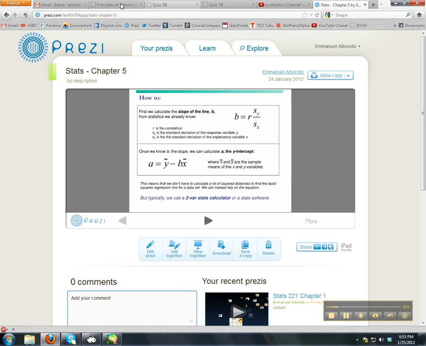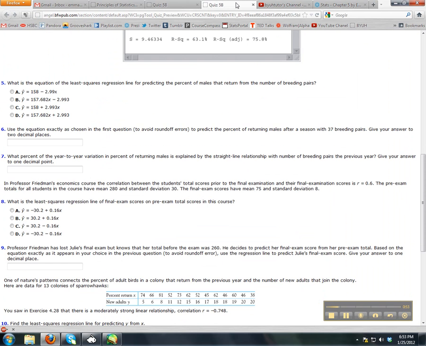We first have to identify what exactly x and y are, what the explanatory and response are. So we have a pre-exam and a final exam. They're probably trying to find a relationship between how they did in the pre-exam and the final exam scores. So that would mean the pre-exam is our explanatory, and the final exam is the response.